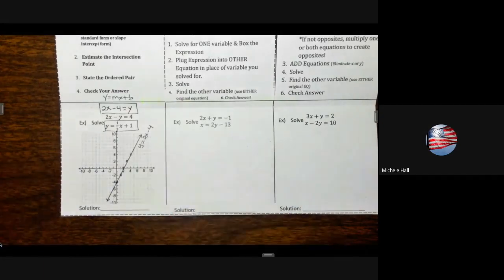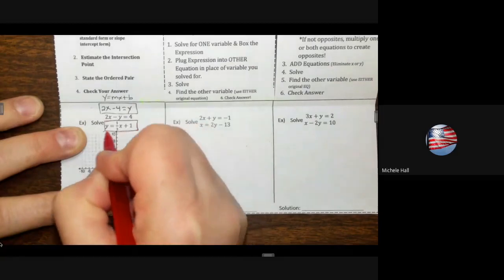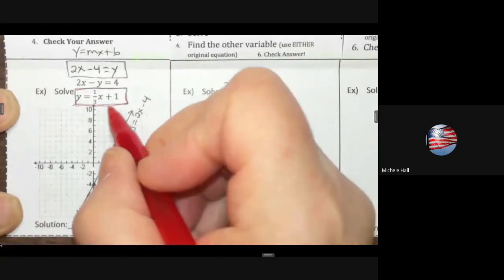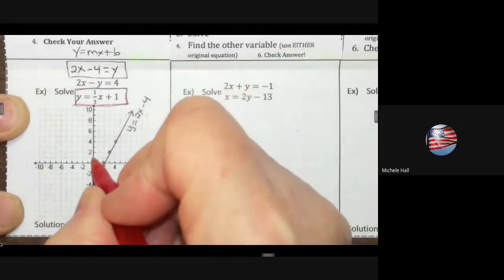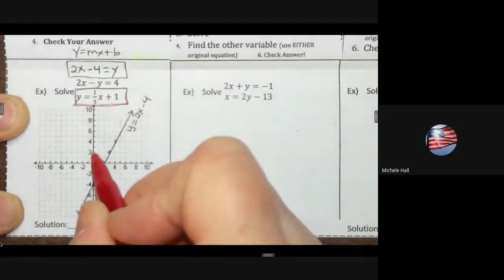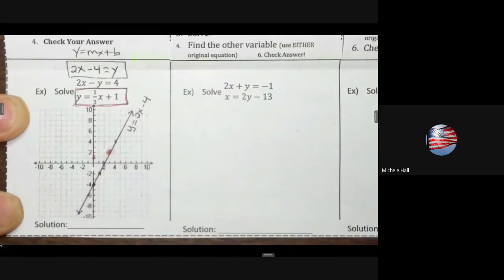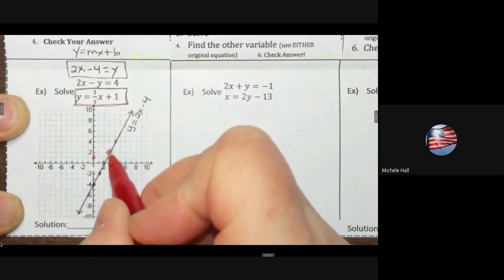My next equation is y equals 1/3 x plus 1. My y-intercept is 1. And I'm going to rise 1 and run 3. Rise 1, run 3. This is the point where they're going to intersect. I just landed right there.